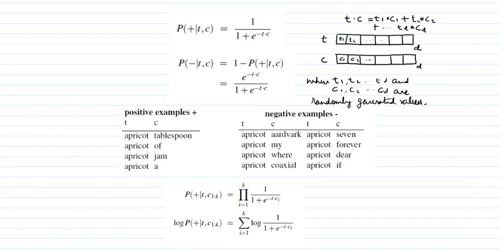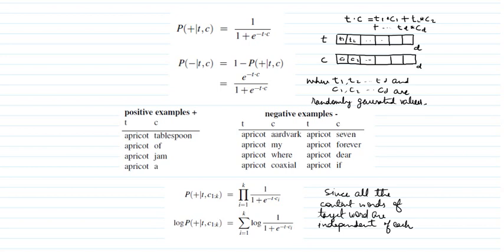So why are we taking the product? Since all the context words of the target word are independent of each other, we can multiply the probabilities.